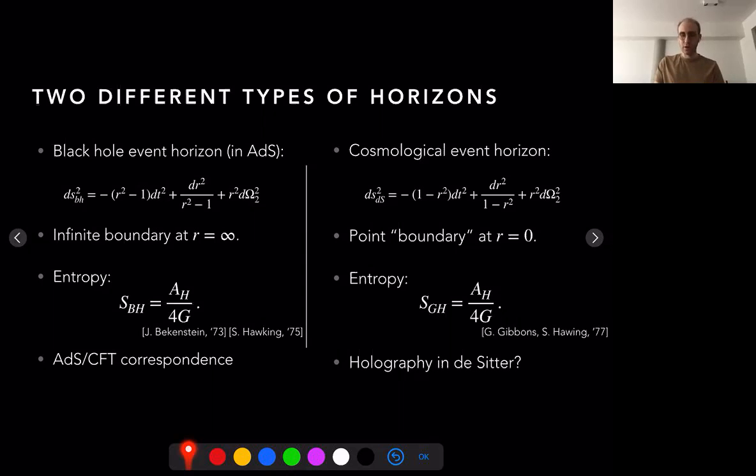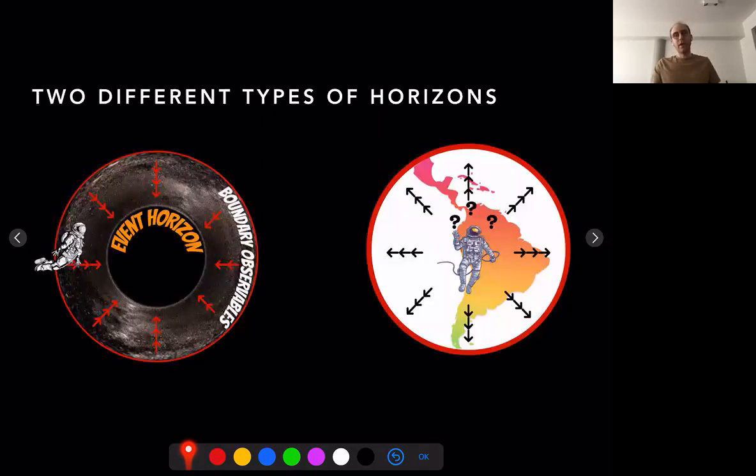Okay, so that's my summary of holography. And so we go back to my first slide at the beginning. And this is what I was talking about. It's an observer sitting in the middle of de Sitter, surrounded by its event horizon, maybe trapped in Latin America, I don't know.